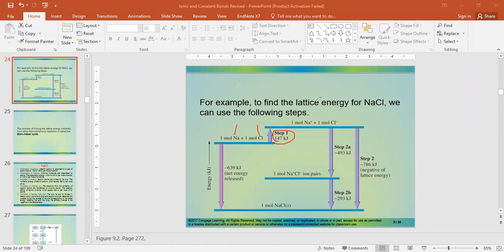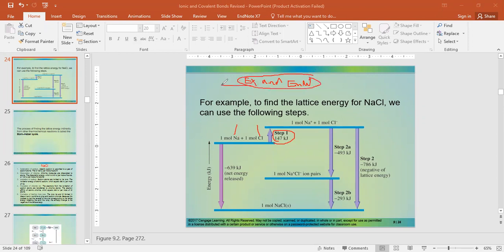Those are the three processes. Whenever you are looking at a reaction, what determines the overall value of the energy is the combination of the exothermic and endothermic processes. Those combine and give you the net value.